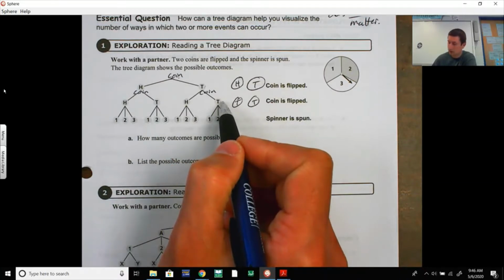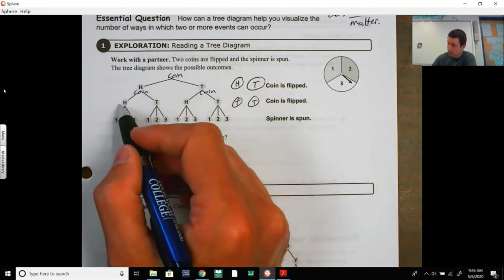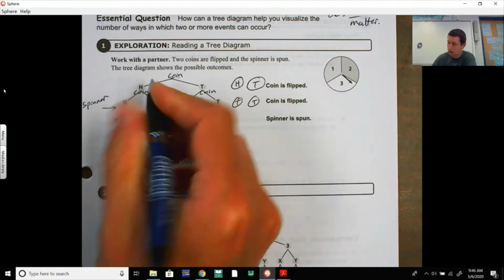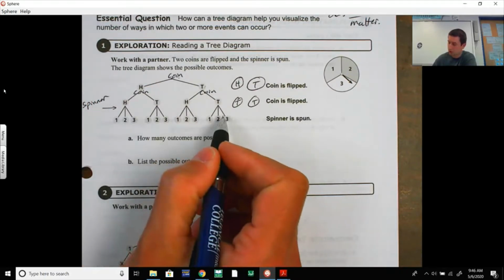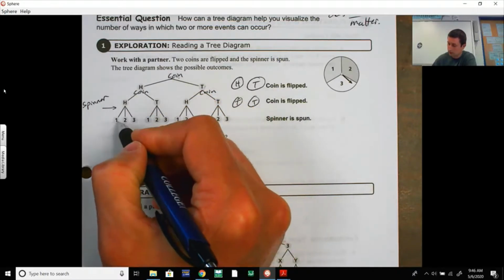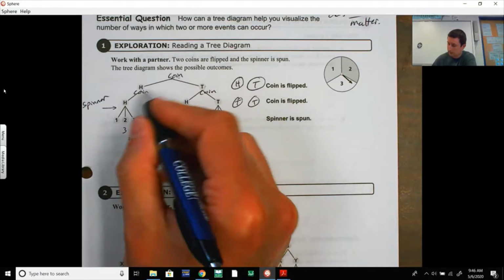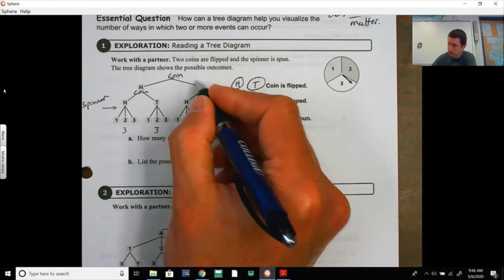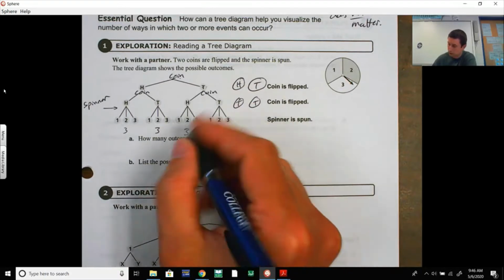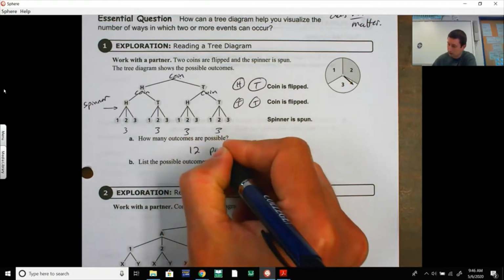Now this event right here is our spinner, and you can get 1, 2, or 3 from each one of these. So if I go heads, heads, and then 1, 2, 3, there's 3 events. Heads, tails, 1, 2, 3, there's 3 events. Tails, heads, 1, 2, 3, there's 3 events. Tails, tails, 1, 2, 3, there's 3 events. So there are 12 possible outcomes.